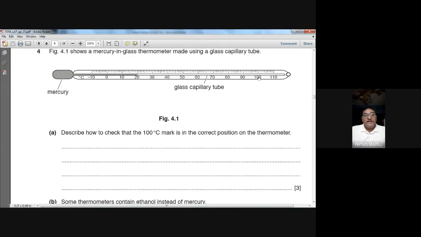What you will do, you will take this thermometer and hang it with the help of a stand above a beaker which has boiling water. And from that boiling water, the steam will be coming out. And we believe that that steam will be at 100 degrees centigrade.